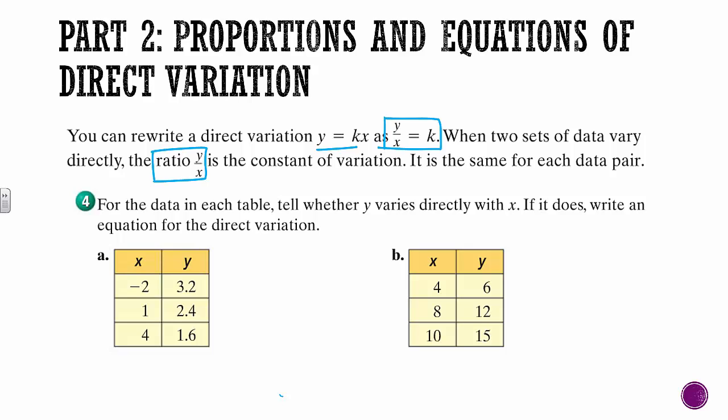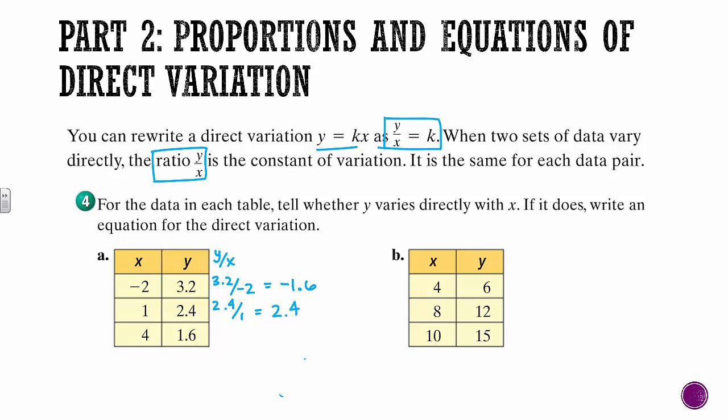So for the data in each table, tell whether y varies directly with x, and if it does, write an equation. So what we want to check is if we do y divided by x for all of these, do we get the same number out? So 3.2 divided by -2 gives us -1.6. 2.4 divided by 1 gives us 2.4.